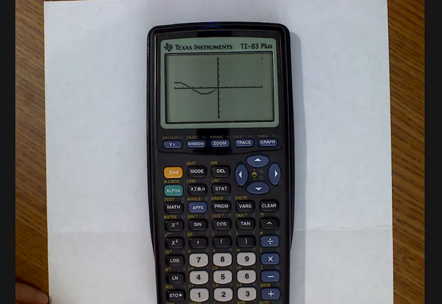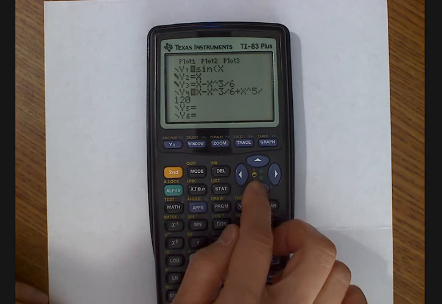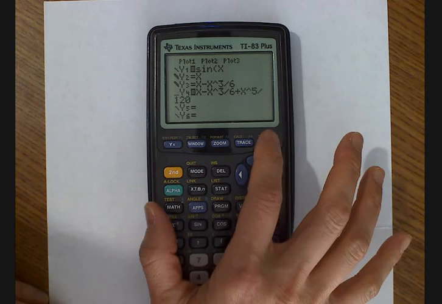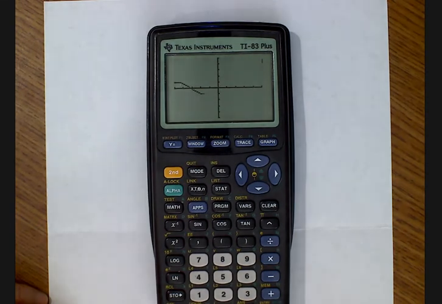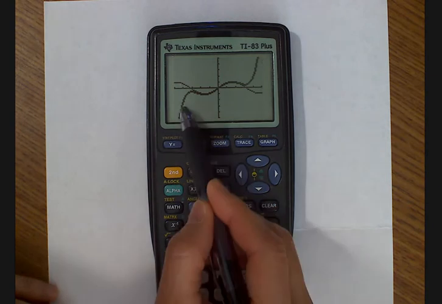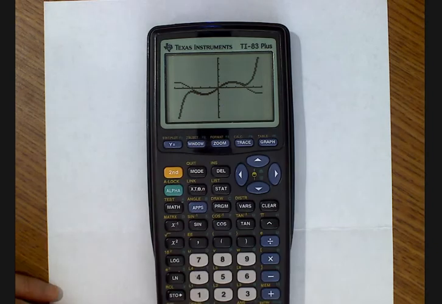Here's our original sine graph, and oh, I think I forgot to fatten it up. Let me go back and fatten that up slightly. Now let's look at it again. You can see that it's getting better and better. If I went one more, it would go up this way and over, but this is a pretty good approximation.